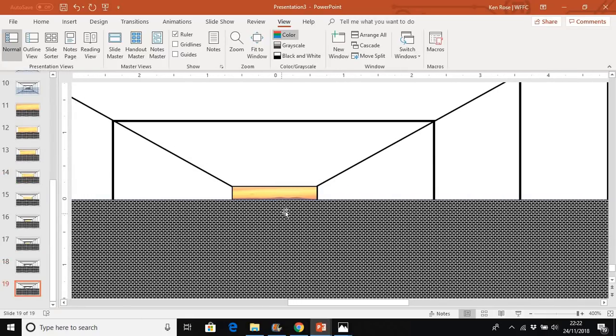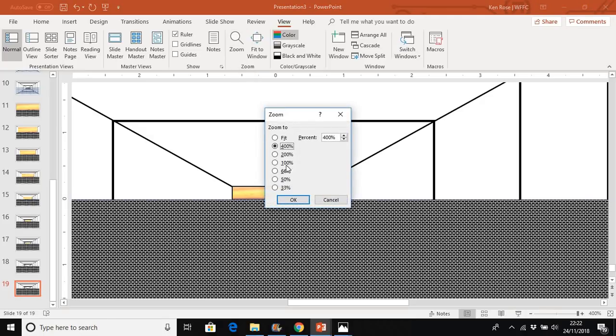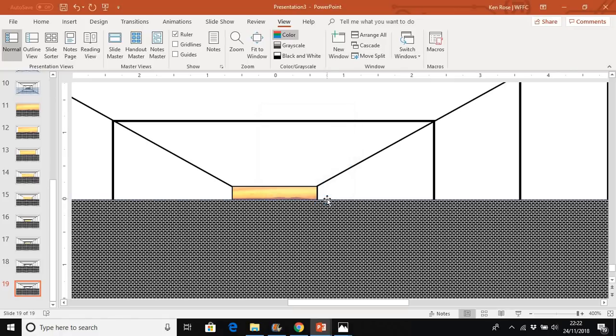And hopefully you can see that there is no change in the amount of the picture that is visible behind the wall. This is the maximum zoom I think that's available. It doesn't let you go beyond this amount in this particular program.